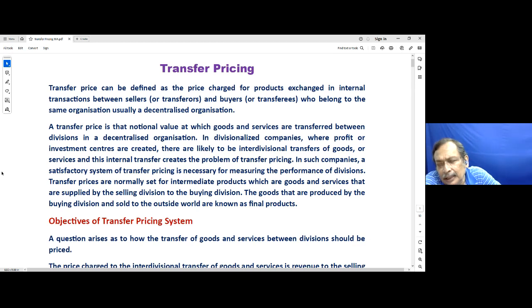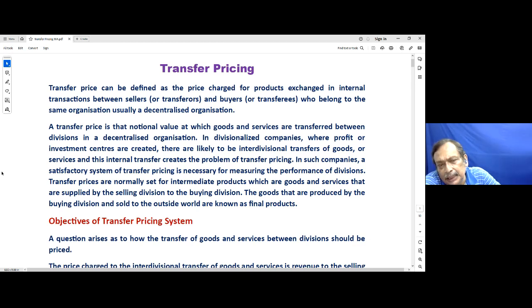If it is transferred free of cost, then automatically no motivation is available to the manager of the transferor division. Hence, there is the question of profitability, and the profit center concept will be totally jeopardized. So that's why a satisfactory transfer pricing is necessary for measuring the performance of divisions.